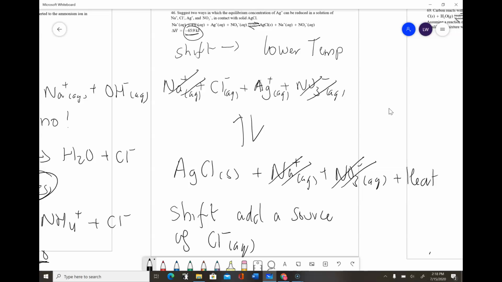So maybe something like sodium chloride, and then I would raise the concentration of the chloride ion, and then the system would want to consume those chloride ions by shifting to the right, and that would consume silver ions. So adding a source of chloride ions would be another way of moving this equilibrium to the right-hand side.